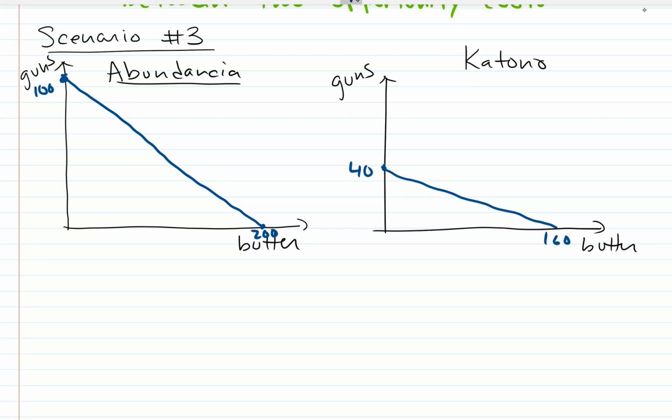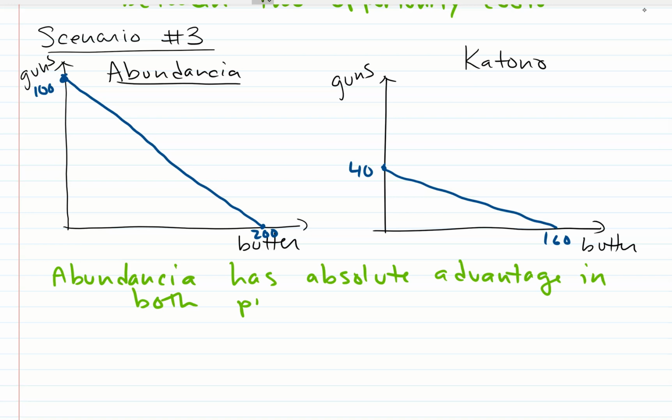So the first thing we ask is, who has absolute advantage? In this case, Abundancia has absolute advantage in both. So we assume they have the same amount of resources. So Abundancia is doing better at both things. So they have absolute advantage at both.